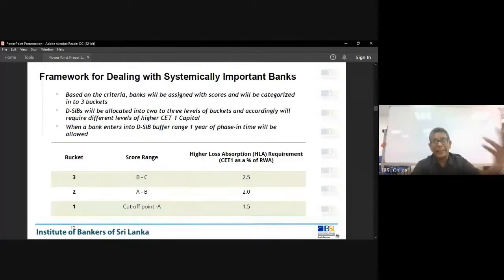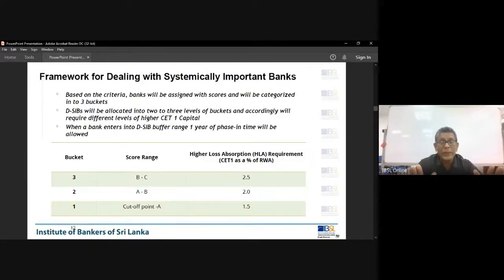Now, based on the criteria mentioned above, banks will be assigned scores and categorized into three buckets. They are given 40, 40, 20 like that for the above characteristics, but those characteristics are size independent. For size, interconnectedness, substitutability and complexity, they have allocated certain weightages, and then they have come to a certain criteria.